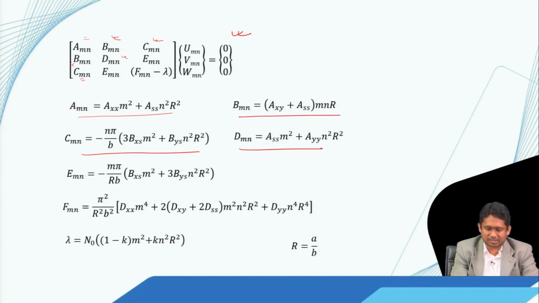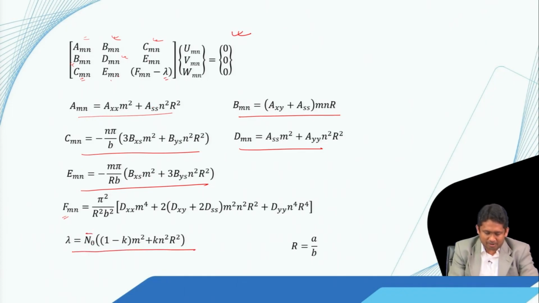Symmetric matrix, so CMN is here also, and EMN is here, that is this, here and here. And at the last diagonal term we have FMN minus lambda, so FMN is this, and lambda contains this n bar which we need to find out, and that's a function of k. So for different k we can get n bar also. And here R is a term that comes up several times in these expressions. R is the ratio of A and B.